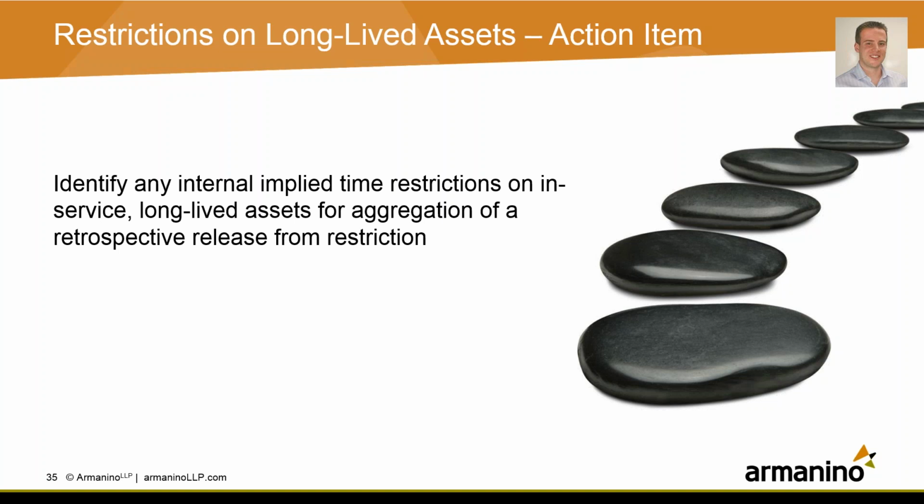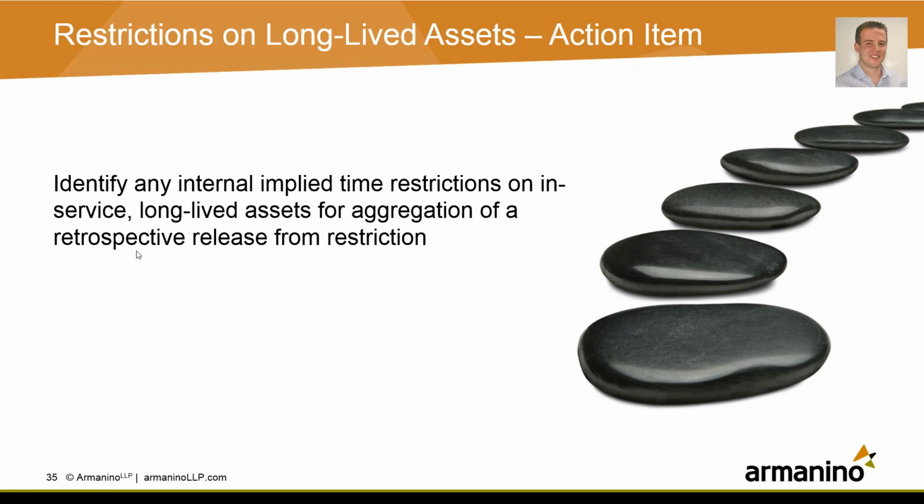Yeah, okay. So action items, if you do have anything like this going on where there's time restrictions on long-lived assets, start looking at when you would release these. And if you are using the former option of releasing over the depreciation expense, you'll have to start looking at, when you do adopt this, how that will impact moving the entire amount into without donor restrictions.